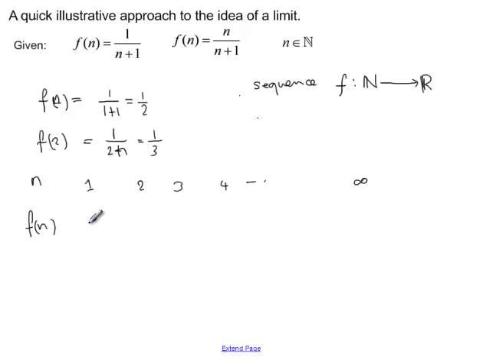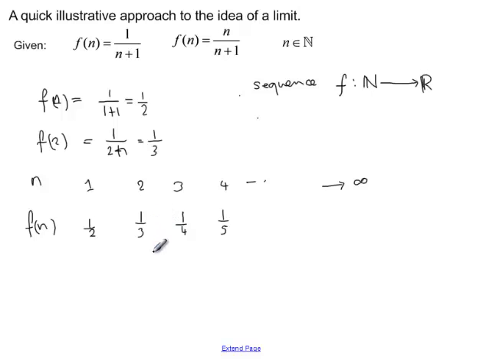So then, as you have seen, this is a half, here we're getting 1/3, and there we're going to get 1/4 and 1/5, and so on. But now, when you're looking at the limit, in this case I'm making my n approach infinity.